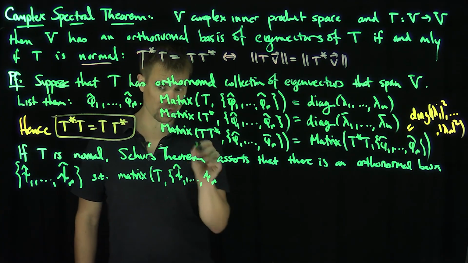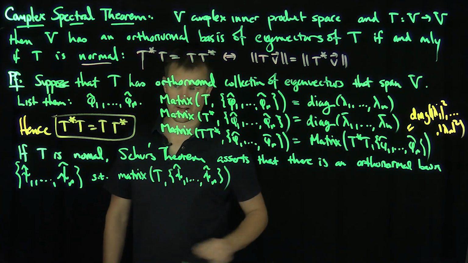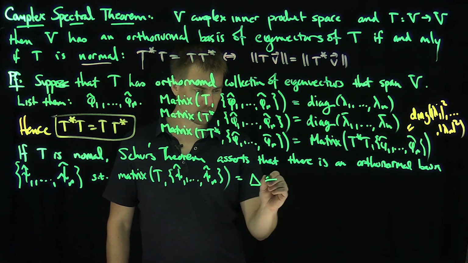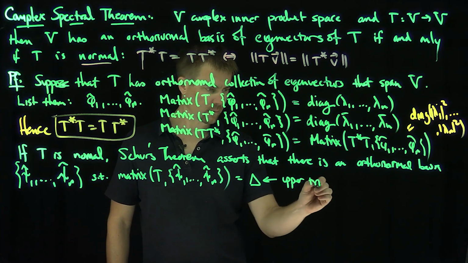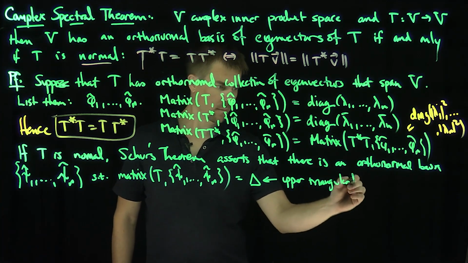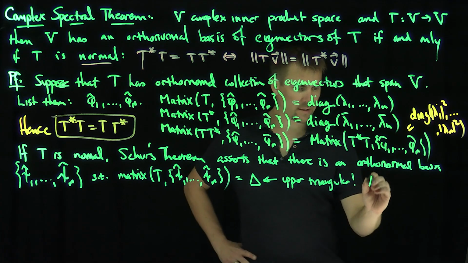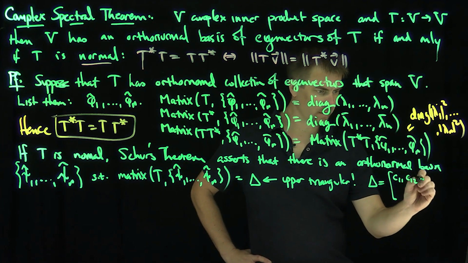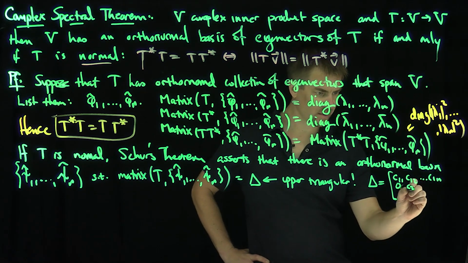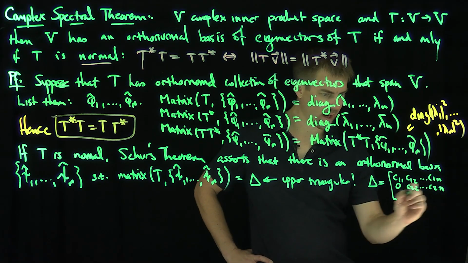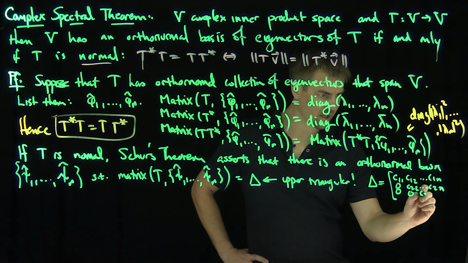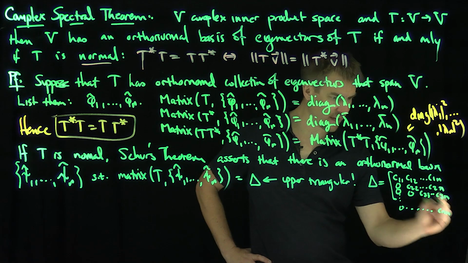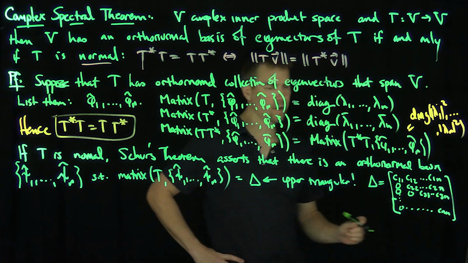And of course, this basis, by Schur's theorem, there's no uniqueness unless I put some extra conditions on it. And of course what that says is that this matrix, call it delta, will be C11, C12, through C1n, then 0, C22, through C2n, and then 0, 0, C33, through C3n, and lastly 0 all the way down to Cnn. So that's what our matrix delta looks like.